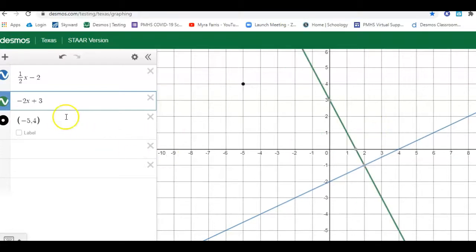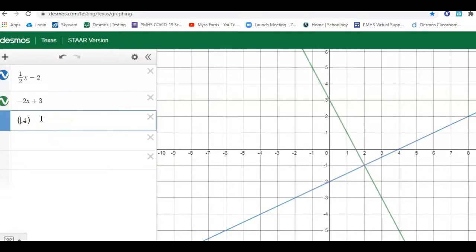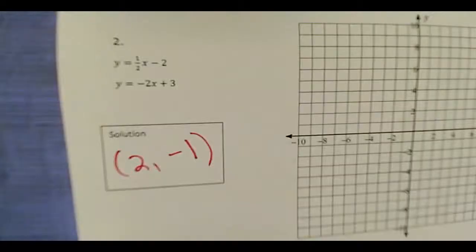And we are looking for the intersection point. The intersection point, this point right here, is the solution.